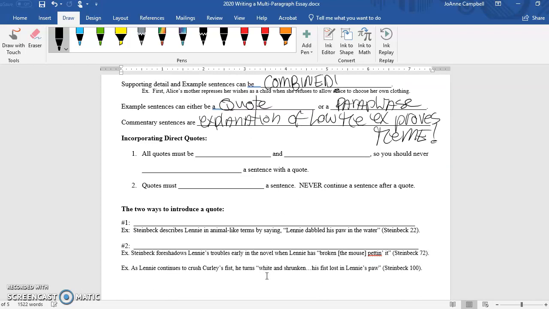All quotes must be cited, okay, and introduced. Remember, you can't start a sentence with a quote. So never start a sentence with a quote. Quotes must end the sentence. Never continue a sentence after a quote.